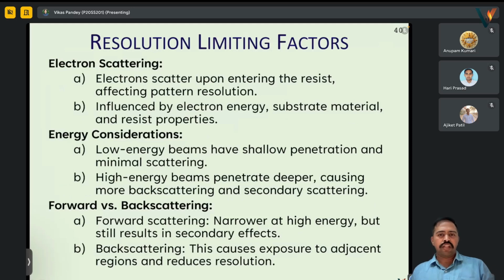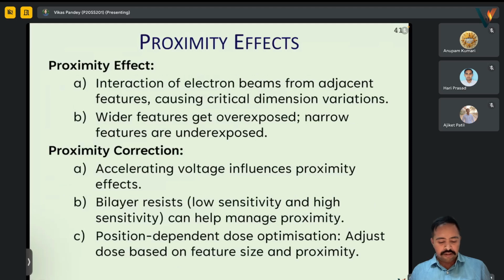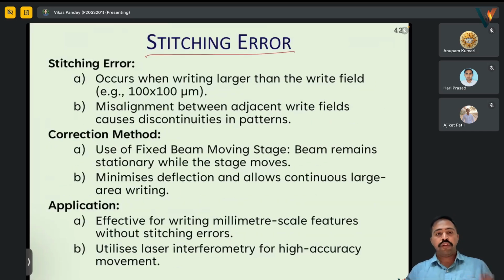The resolution limiting factors we have already seen. The proximity effect, it again has the same proximity effects. Stitching error, like I said, when we are scanning areas, stitching these areas one by one is a problem, and that can be solved by moving the stage instead of the beam.